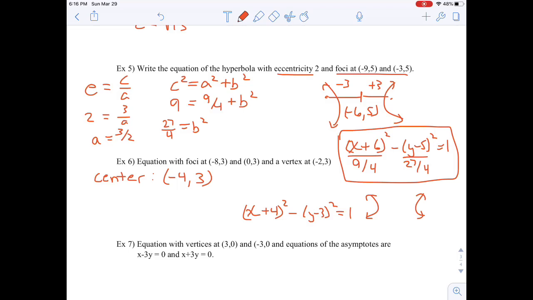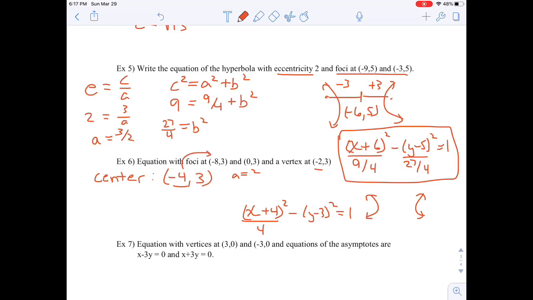We know that A is our distance from the center to a vertex. So if we go from negative 4 to negative 2, I had to go 2. So A is 2, which would mean A squared is 4. We also know that C is the distance from the center to the foci.